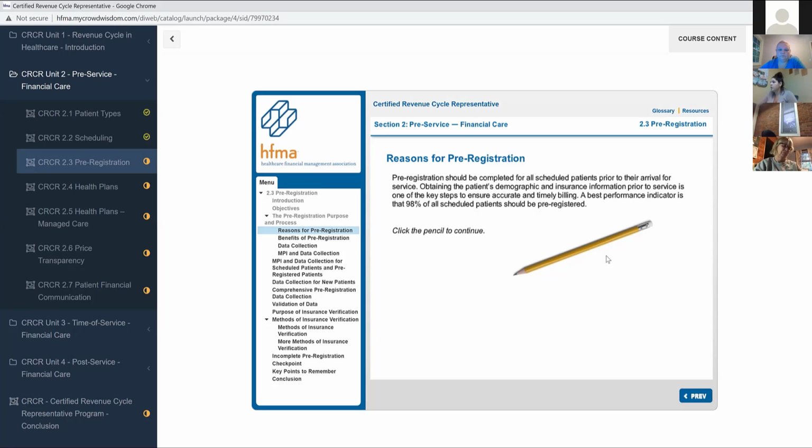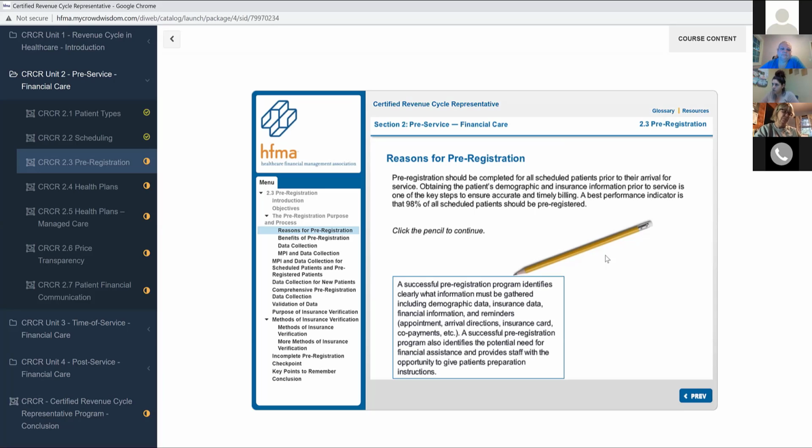A successful pre-registration program identifies clearly what information must be gathered, including the demographic information, insurance data, financial information, and reminders such as your appointment, arrival directions, insurance card, etc. A successful pre-registration program also would identify the potential need for financial assistance and provide staff with the opportunity to give patients that information.